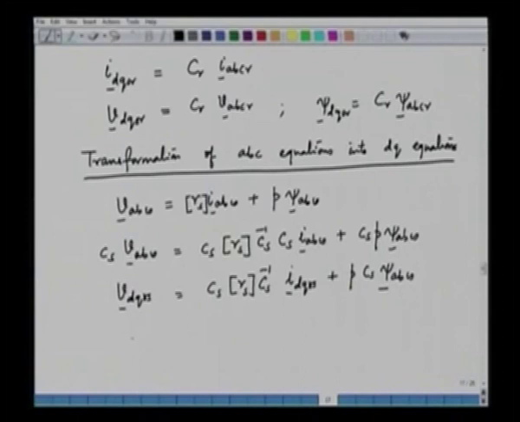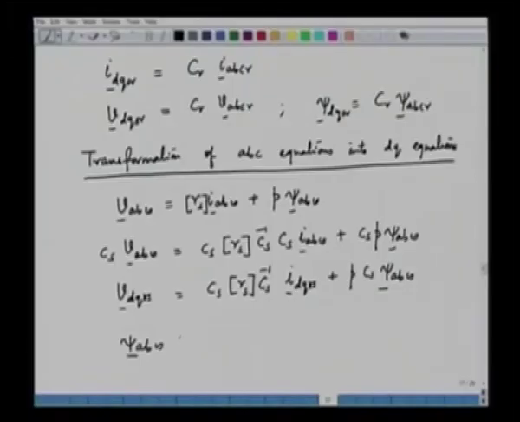Now, what is psi ABCS? Psi ABCS is the stator flux linkages in phase A, phase B and phase C. This consists of two terms: the flux linkage due to the self inductance and the flux linkage due to the mutual inductance between the stator and the rotor.